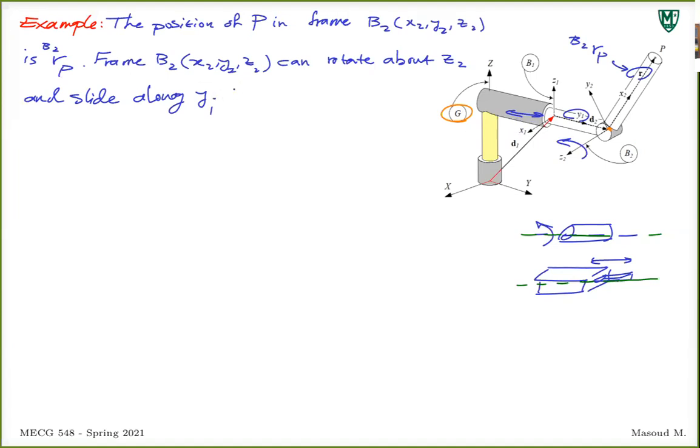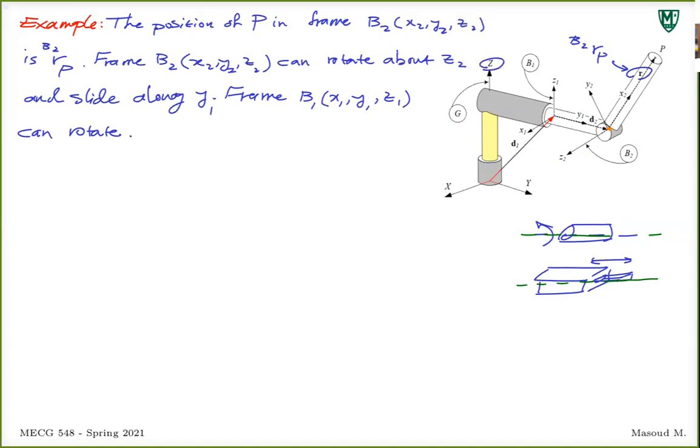Frame B1, X1, Y1, Z1 can rotate. Frame B1, right, represented by X1, Y1, Z1, right? That one can rotate about Z-axis, right?